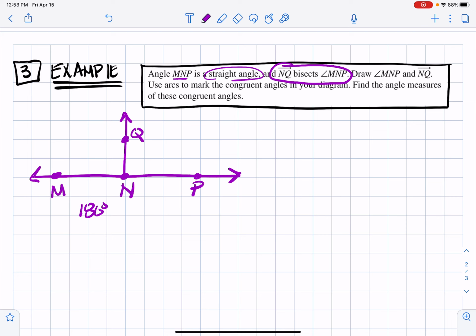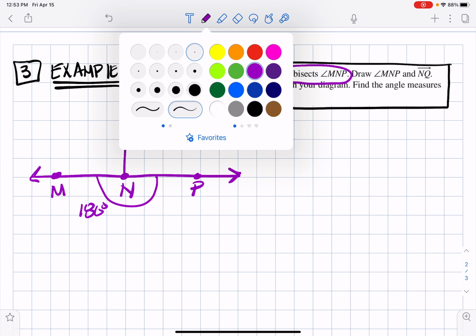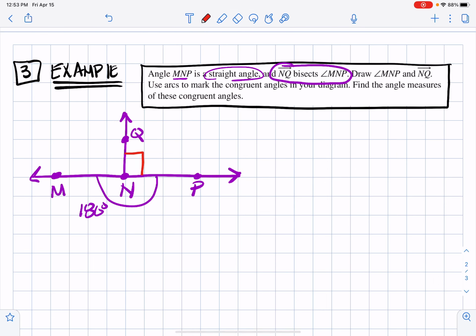That's all the way across. So this whole thing is 180 degrees. And if this bisects it, well, then that means that this and this have to each be 90 degrees because it has to cut it in half equally. So therefore, find the angle measure. We just did, so it's 90 degrees. So that's really all you have to do for that one, okay? So that's not too bad.